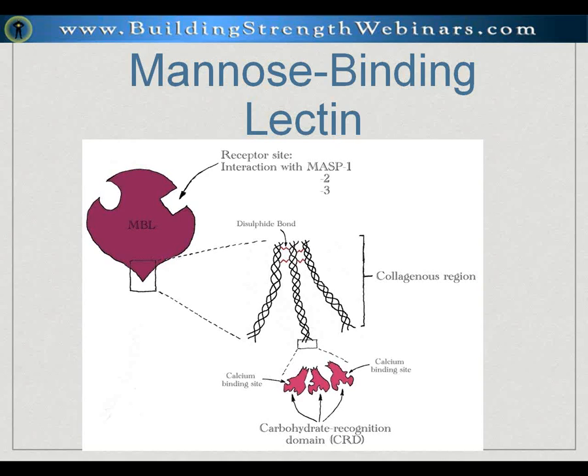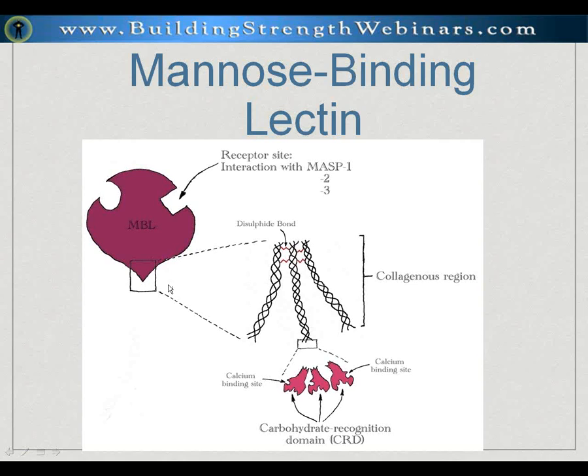So your liver produces this large protein that binds mannose, and it has a site here, a mannose-associated serine protease. And when this binds, it turns on a cascade, which I'll show you here in just a minute.